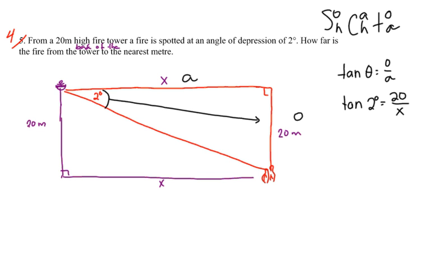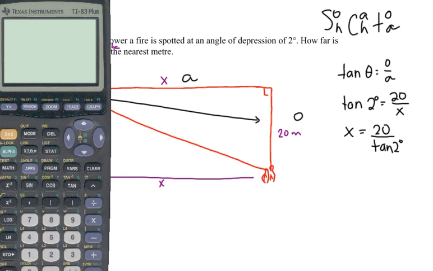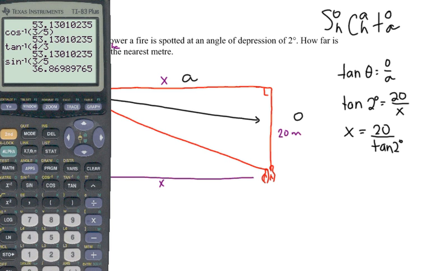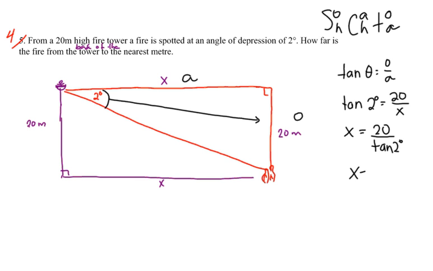If x is on the bottom, then these two switch, so x equals 20 over tan 2. We're going to have division. It's going to be really large because this is a very tiny angle. So 20 divided by tan 2 gives you, to the nearest meter, 573 meters.